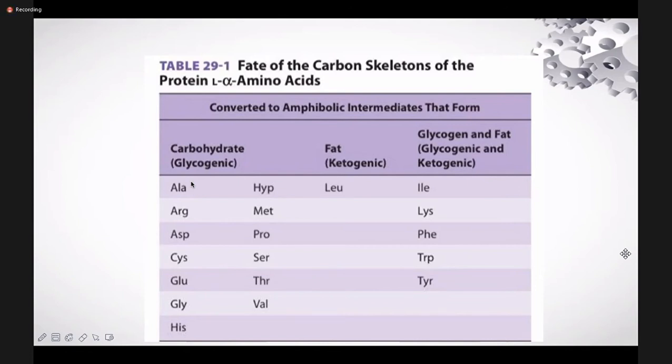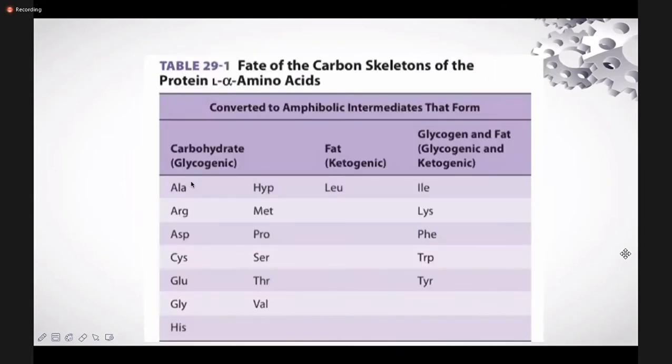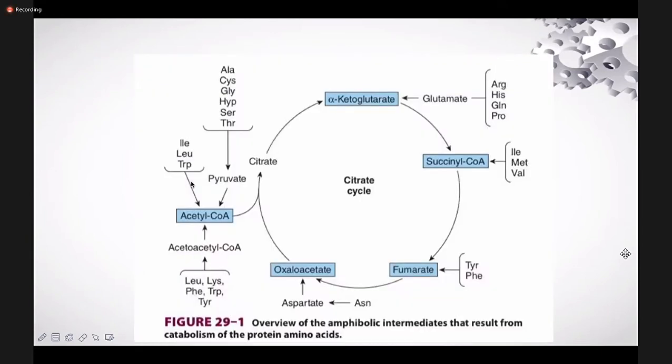Looking at this figure, from this table, these are now the amino acids. This one becomes pyruvate, then acetyl-CoA, then enters the citric acid cycle.